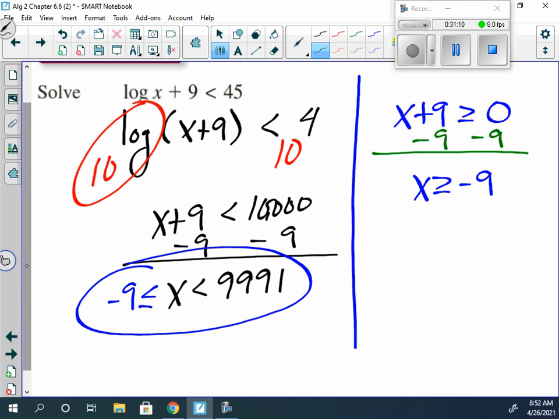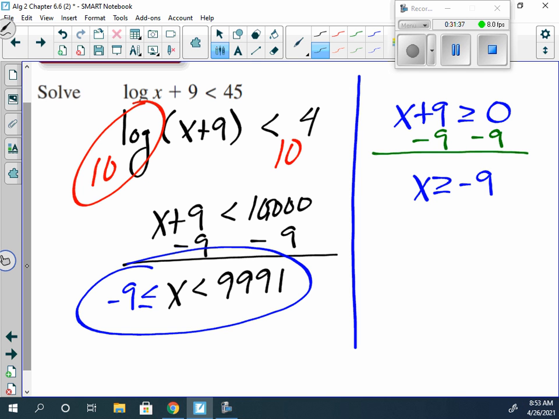Because if I plug -9 into that log, well, -9 plus 9 is 0. I can take log of 0. That's fine. Because -9 does work. We do have some negatives that I can plug into this and still get a true statement. But anything less than -9 will not work.